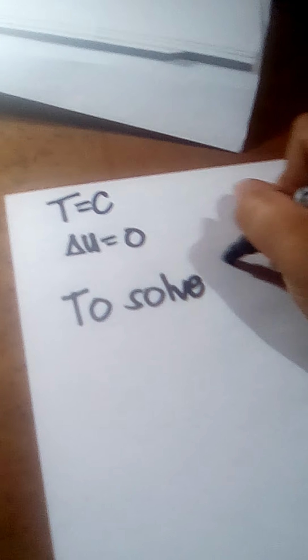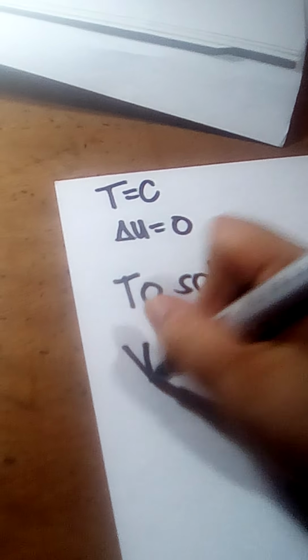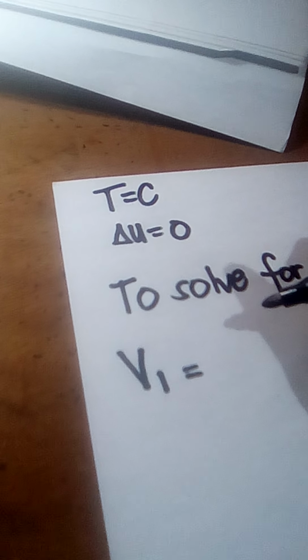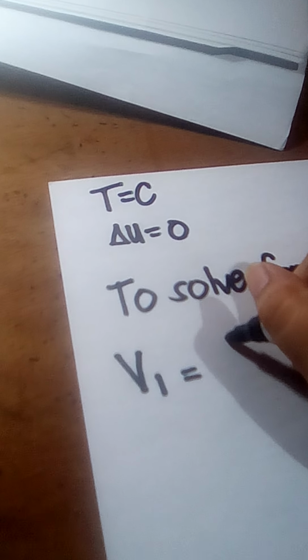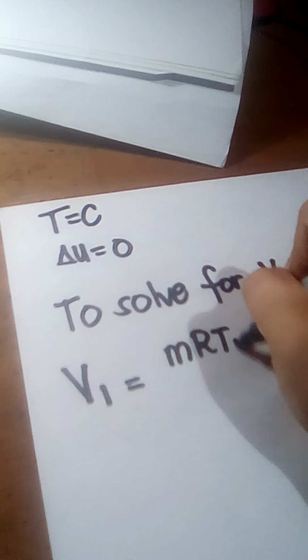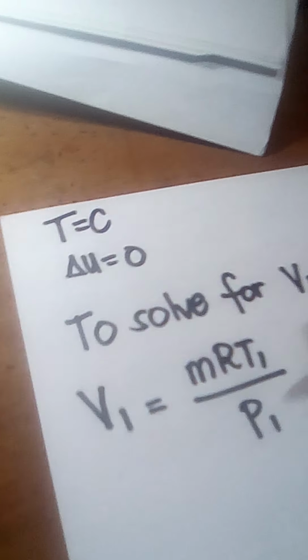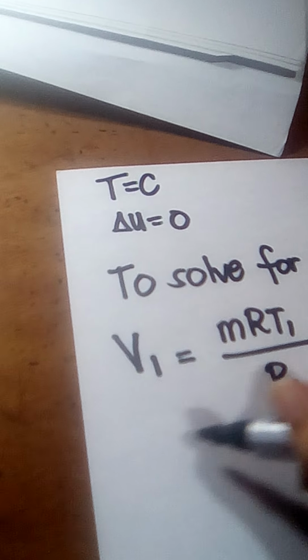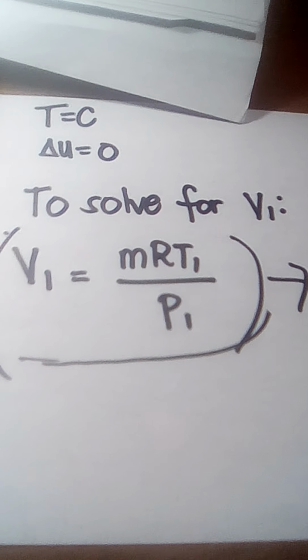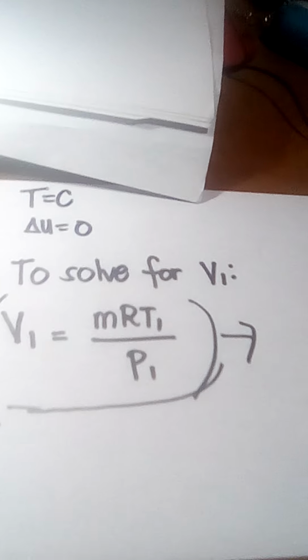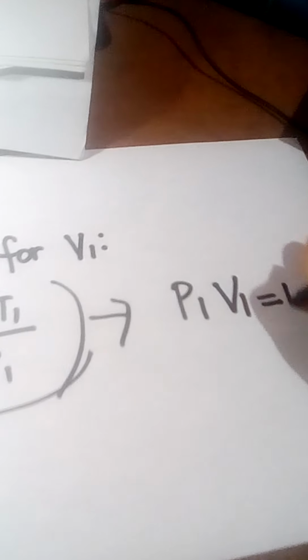So, to solve for V1, our initial volume, V1 is equal to mRT1 over P1. This formula came from the ideal gas equation, which is PV equals mRT.